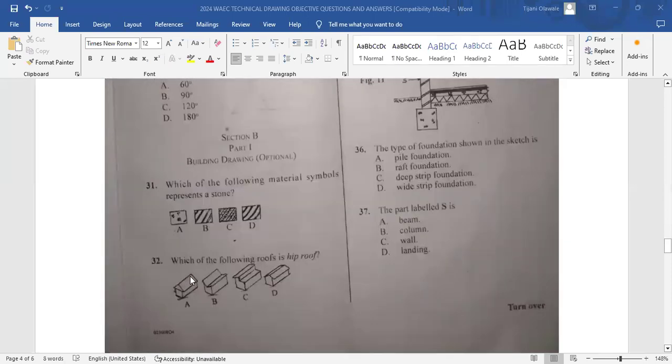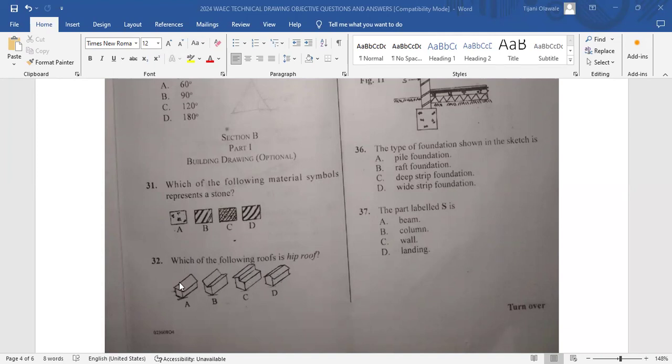So let's start. Question 31 says, which of the following material symbols represents a stone? The answer is option A. Then question 32, which of the following roofs is a hip roof? The hip roof among these options is option A. This is a butterfly roof, this can be a half monitor roof, and this is a gable roof.